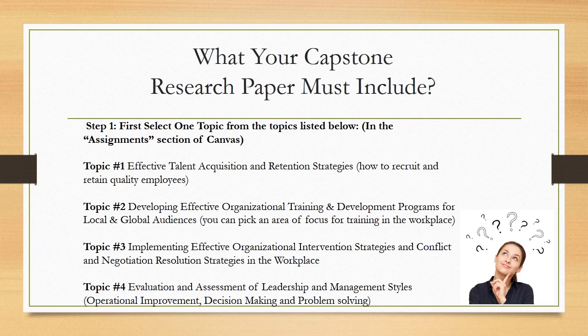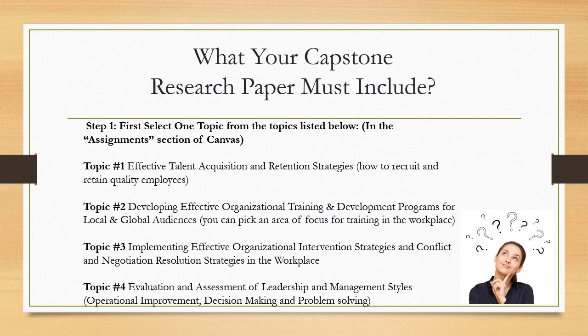If you select topic 2, which is developing effective organizational training and development programs for local and global audiences, you will be discussing how to conduct a needs analysis on how to assess employees in need of training and development and discuss ways in which you can effectively implement training and development practices and strategies for diverse backgrounds in education, race, age, gender, English speaking learners, English as a second language learner, I should say.